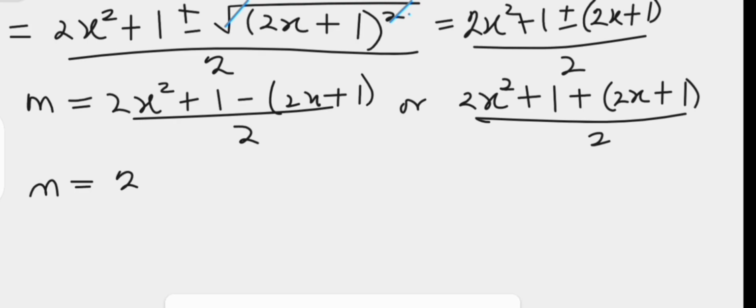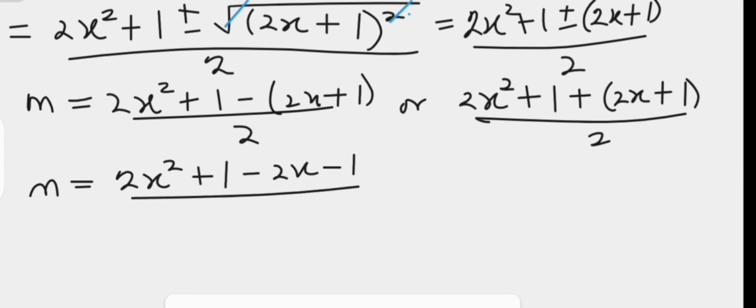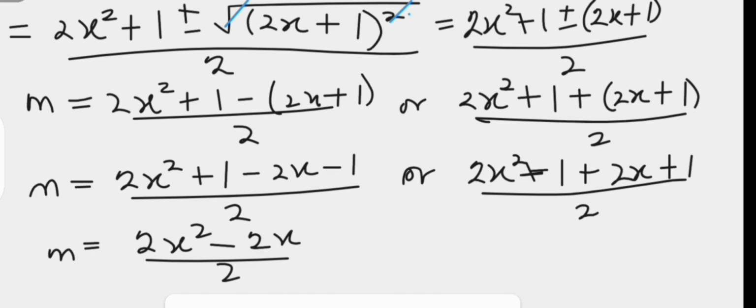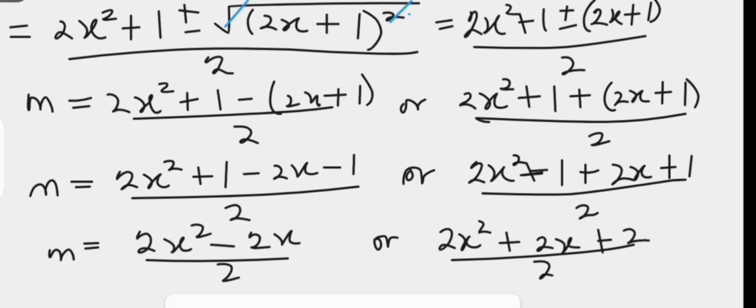The first is going to give us 2x squared plus 1 minus 2x minus 1 over 2, while the second will give us 2x squared plus 1 plus 2x plus 1 over 2, making 2x squared minus 2x over 2 for the first one, while the second is 2x squared plus 2x plus 2 over 2.